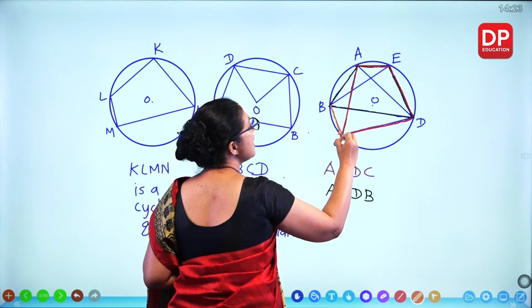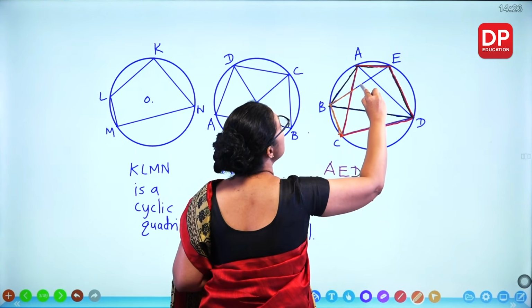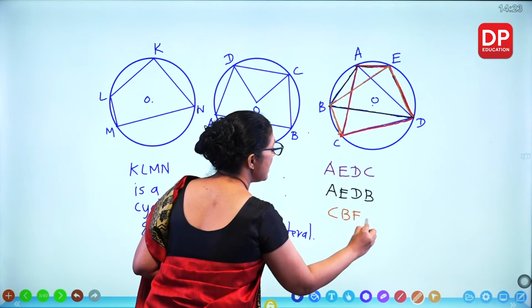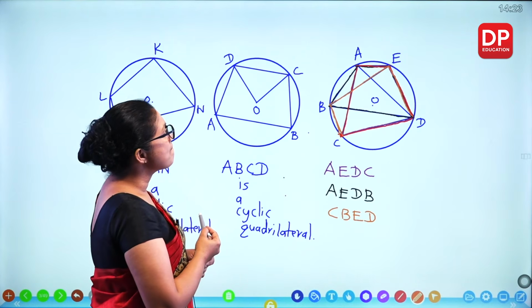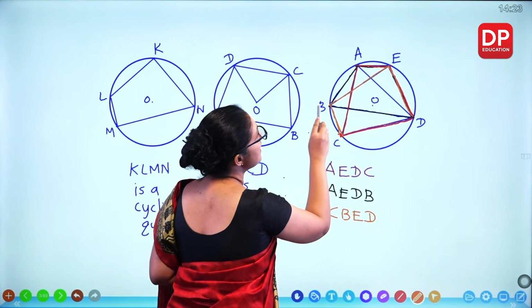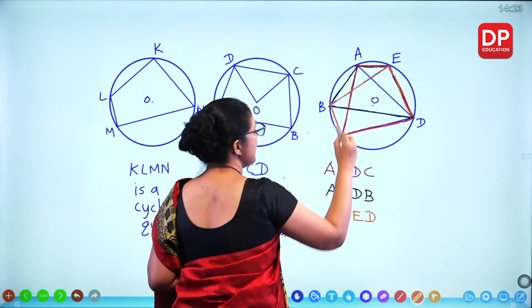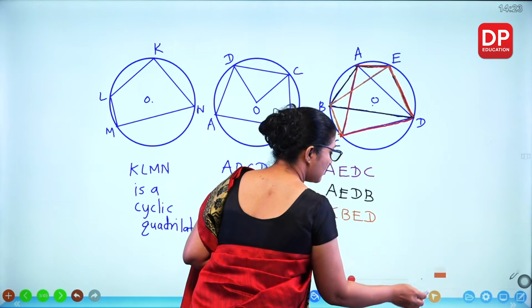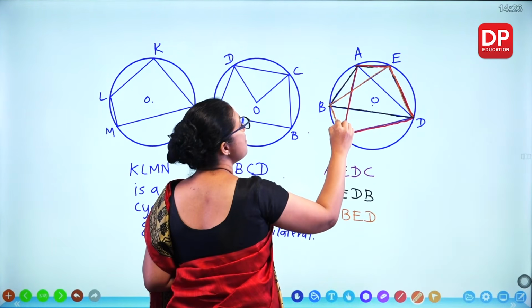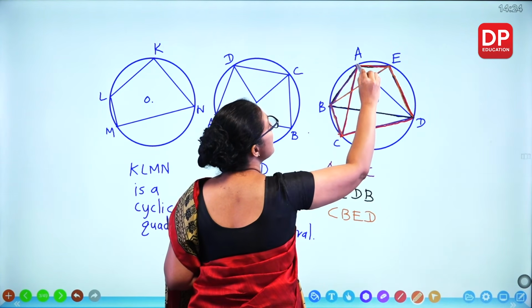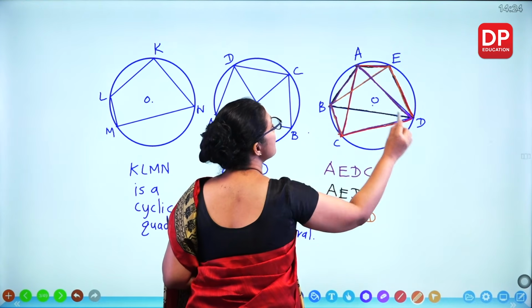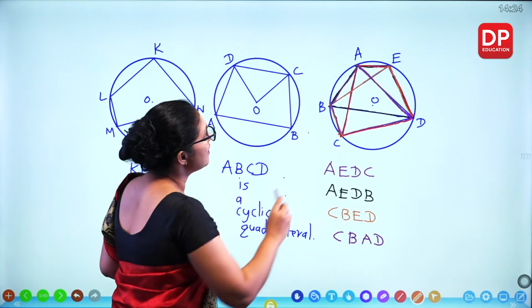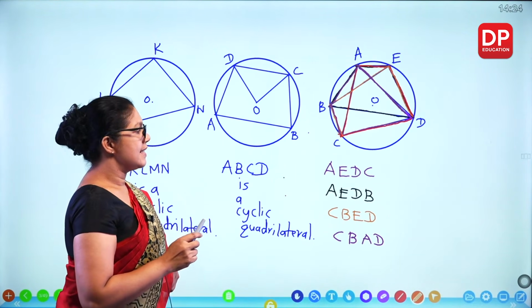C, B, E, D. Then C, B, A, D is another one. So we have taken all quadrilaterals in this diagram.